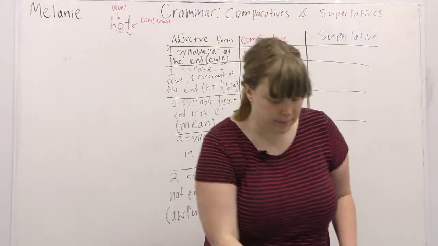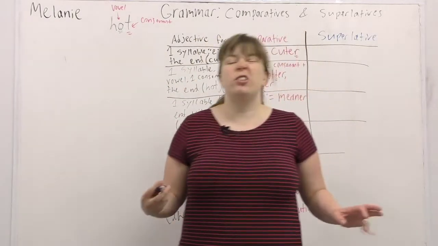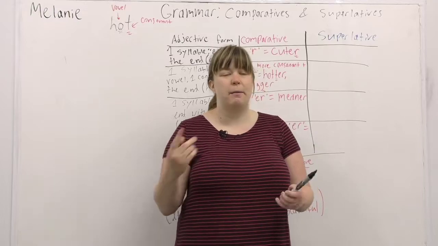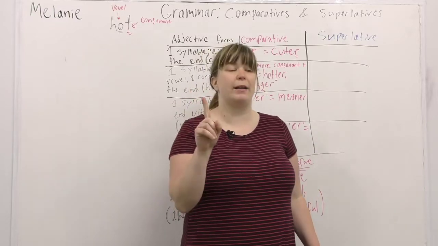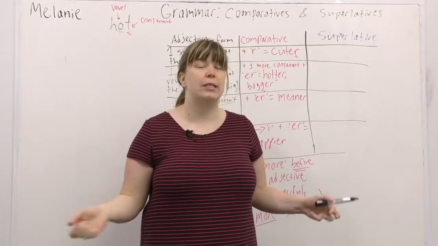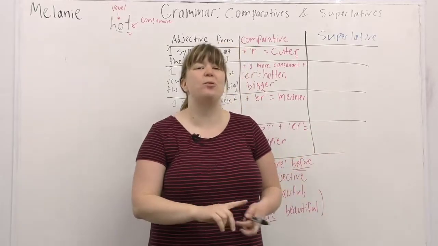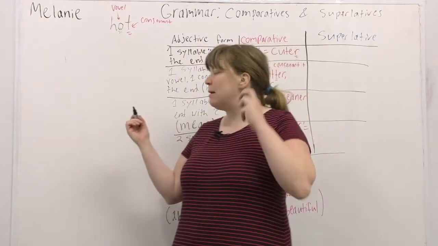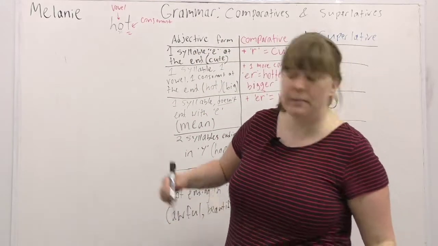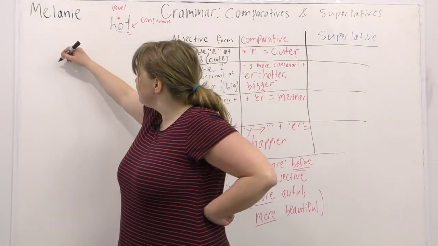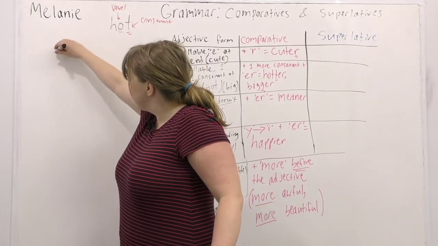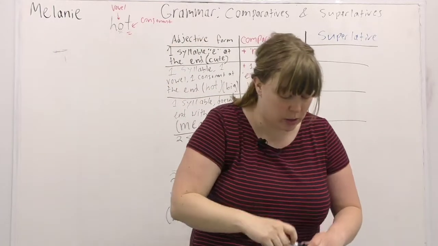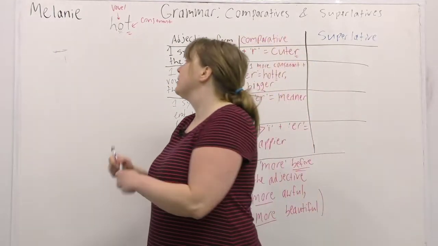Okay, so when we're talking about superlatives, we're kind of thinking about number one, like the most intense situation. Maybe that's not the best way to describe it. Let me write out an example though. Okay, this pen is not working so well, that's okay.